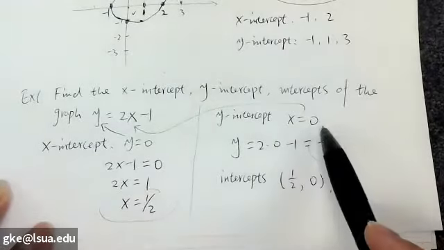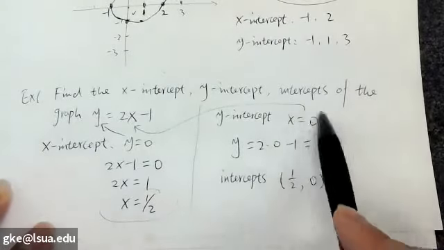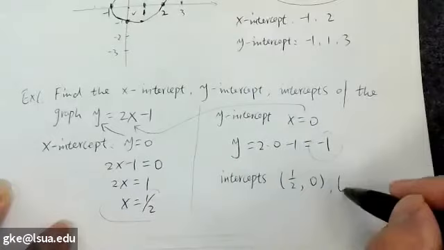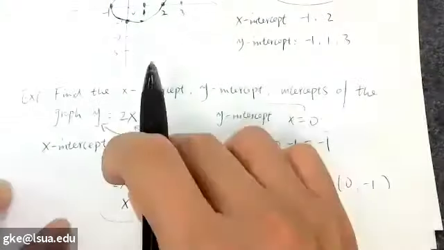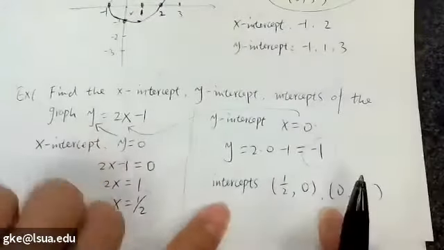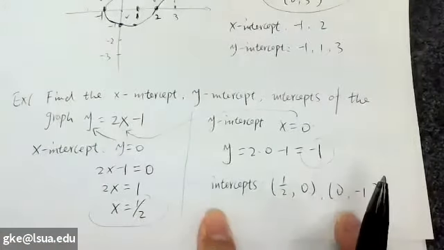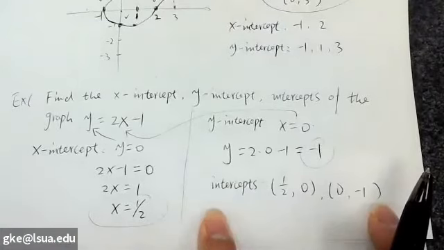The second point starts with the x coordinate 0, -1. Just combine these 2 points, and we're going to get the intercepts. Clear? Very good.